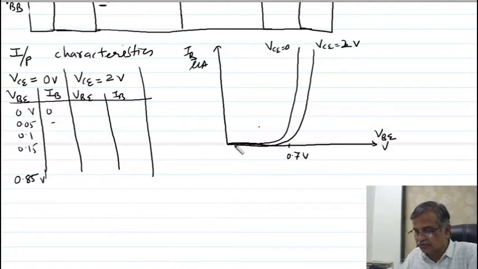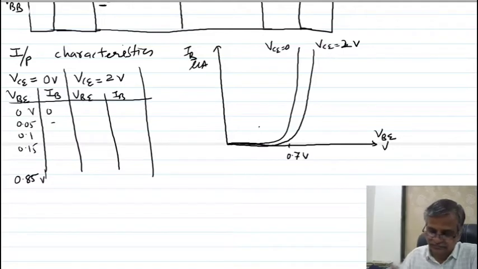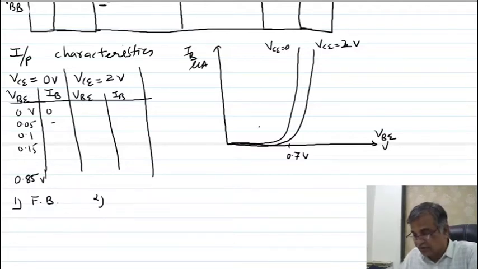What is the conclusion? It is just like forward bias diode characteristics. The input characteristics for a common emitter amplifier is just like forward bias diode characteristics. Second, the conduction starts after the cut-in voltage.